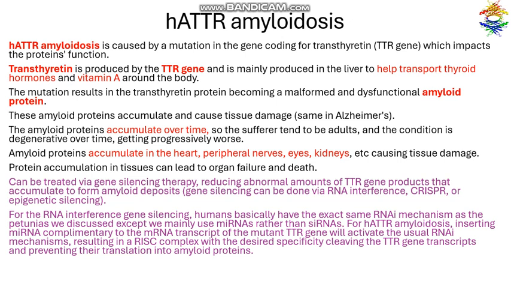So hATTR amyloidosis is caused by a mutation in the gene coding for a protein called transthyretin, the TTR gene, which impacts the protein's function. Transthyretin, produced by the TTR gene, is mainly produced in the liver to help transport thyroid hormones and vitamin A around the body.